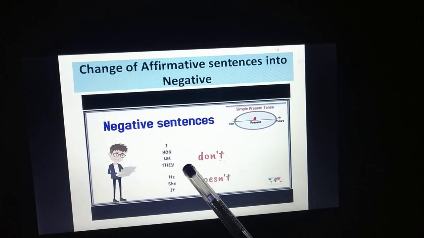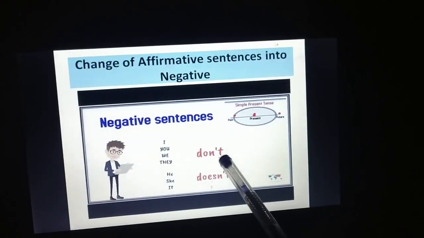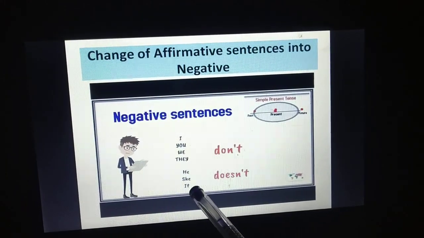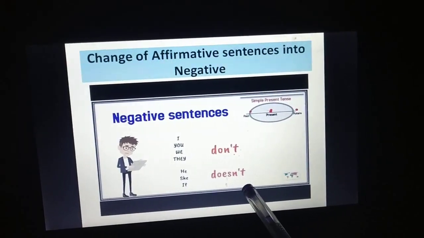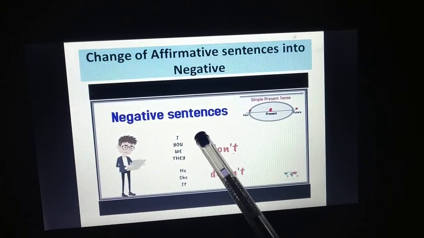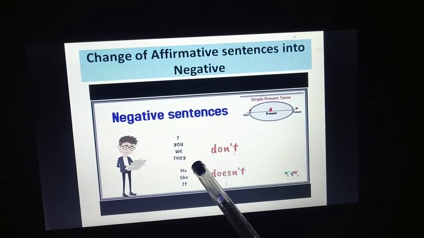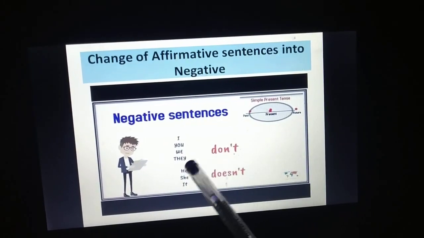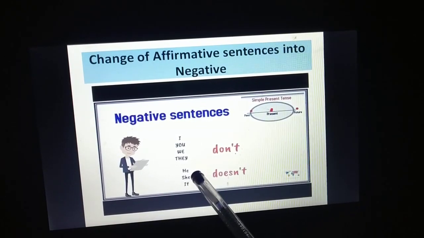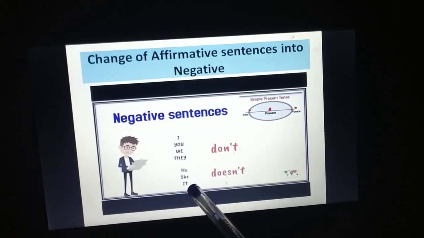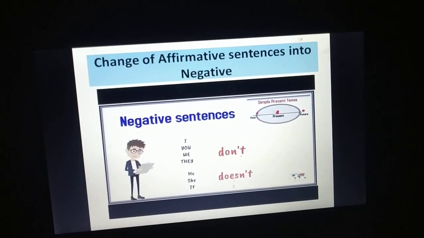Where the subject is plural, we use don't. And where the subject is singular, or with third person singulars, we use doesn't. Here, I is first person, you is second, we and they are plural, and the other 3 subjects are singular. So with third person singular subjects we use doesn't.